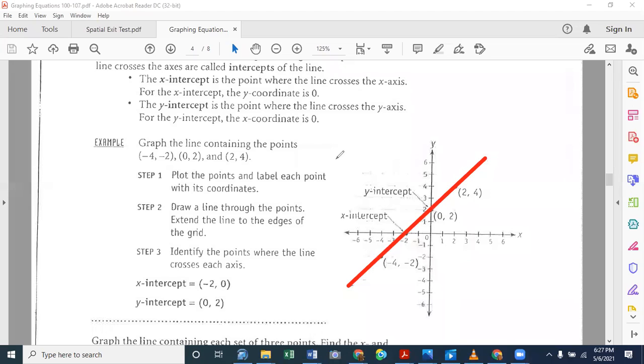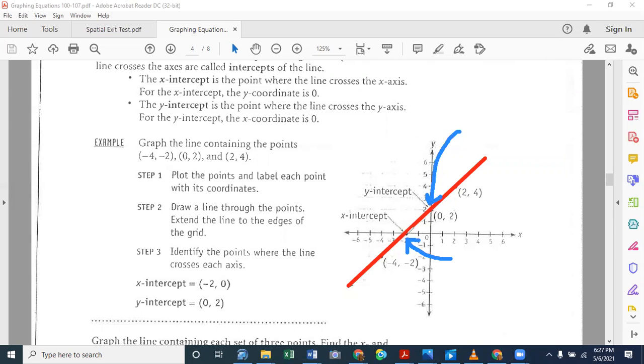Where it crosses the x-axis is right here, and they call that the x-intercept. And where it crosses the y-axis is right here, and they call that the y-intercept. Notice that at the x-intercept, y is 0, and at the y-intercept, x is 0. So it's just the opposite of what you're thinking.